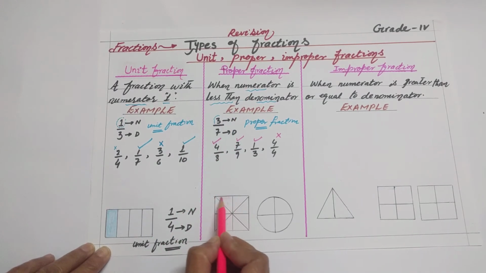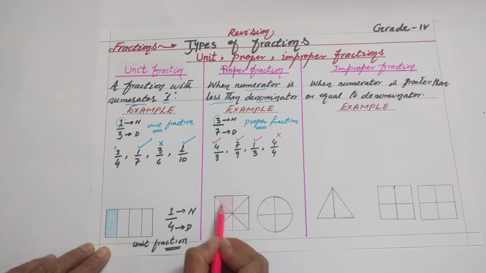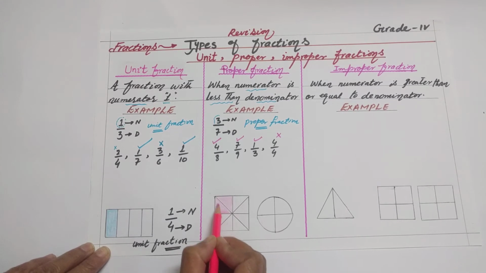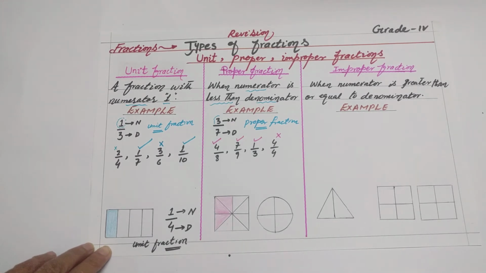So if I use 1, 2, 3 parts out of these 8 equal parts, how many total parts are over here?